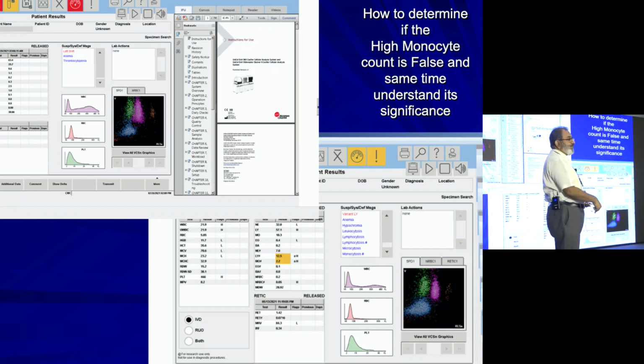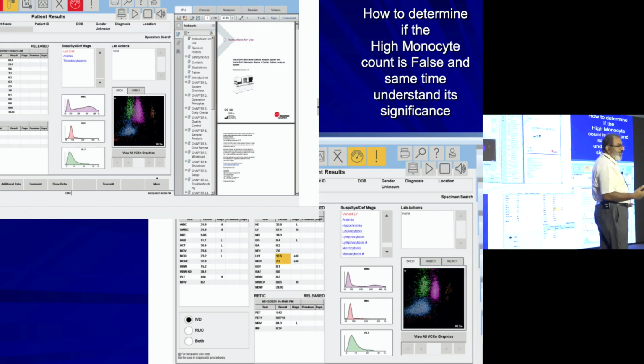But we also identified why monocytes become important. When the neutrophil becomes large, with the same number of granules in a larger neutrophil, the scatter will be low.